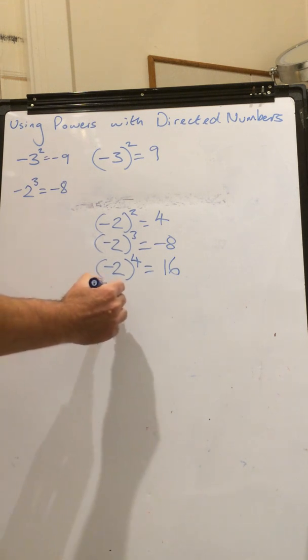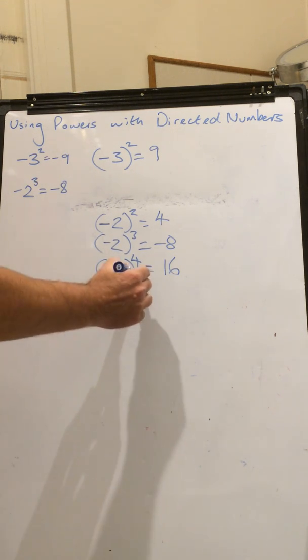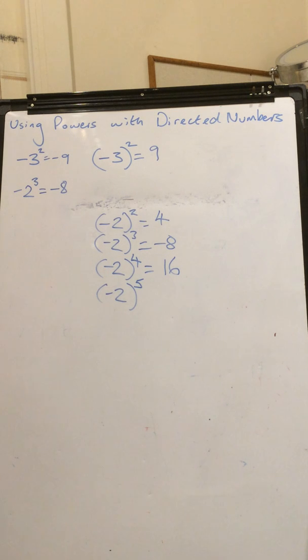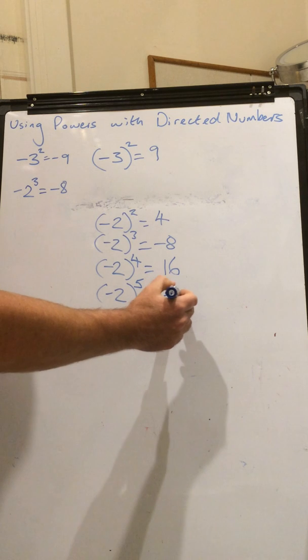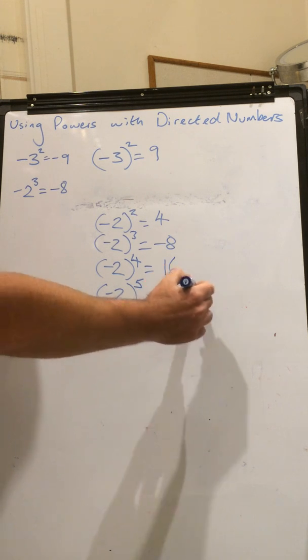We continue: (-2) to the power of 5. Well, 2 to the power of 5 is 32. A negative times a negative is a positive, times a negative is a negative, times a negative is positive, times a fifth negative takes us back to a negative again. So we end up with -32.